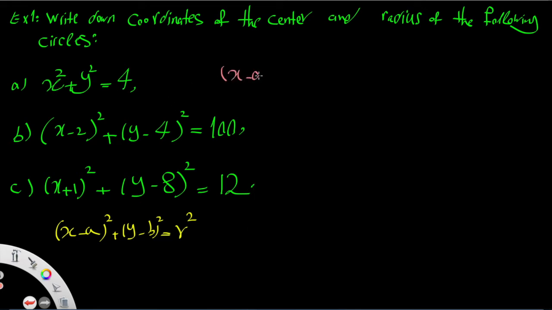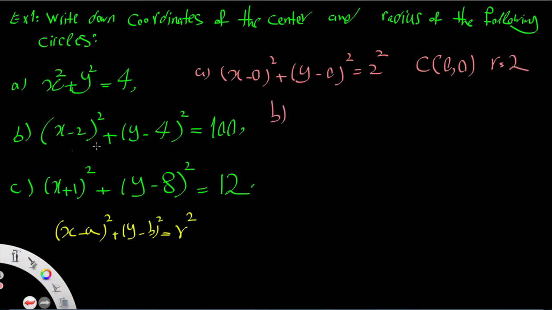It will actually be of the form x minus 0 squared plus y minus 0 squared is equal to 2 squared. So you can say that 0 and 0 is the center and 2 will be the radius for part A.